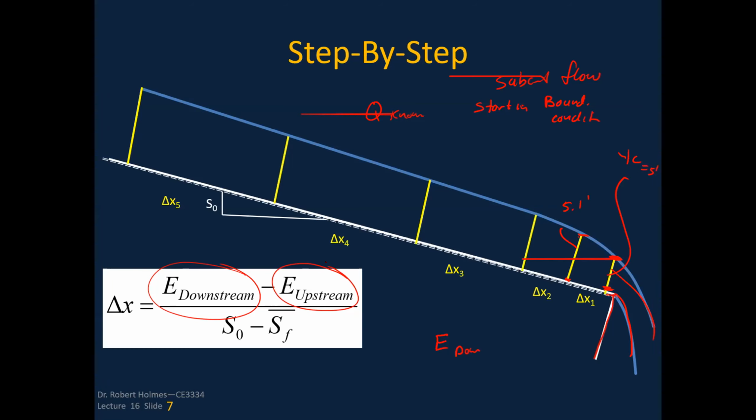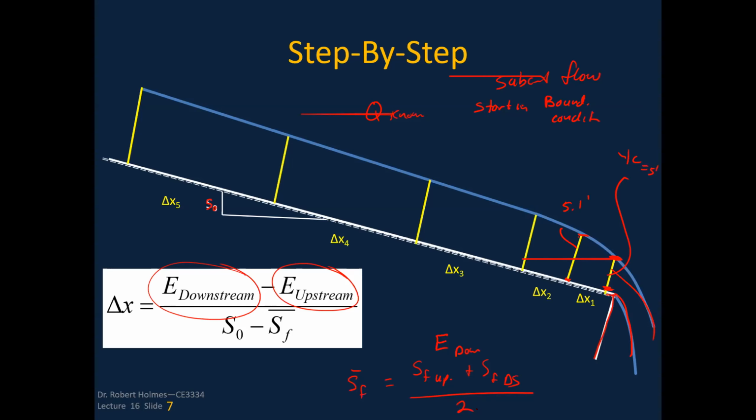And I'm also going to know the bed slope. That's S sub O right here. And then I'm going to calculate that average friction slope. So I'm going to calculate the friction slope upstream plus the friction slope downstream, and divide that by 2.